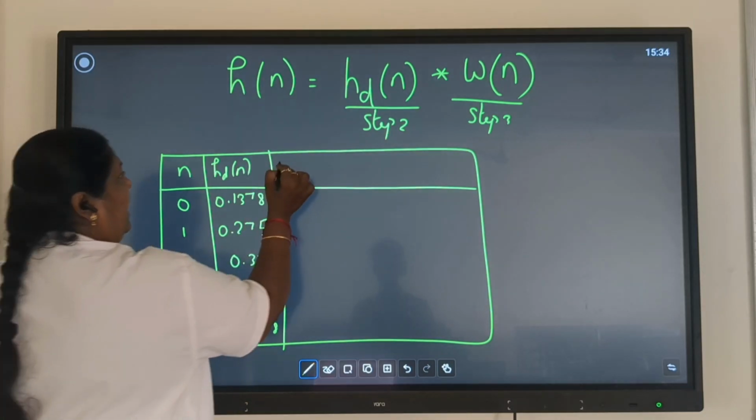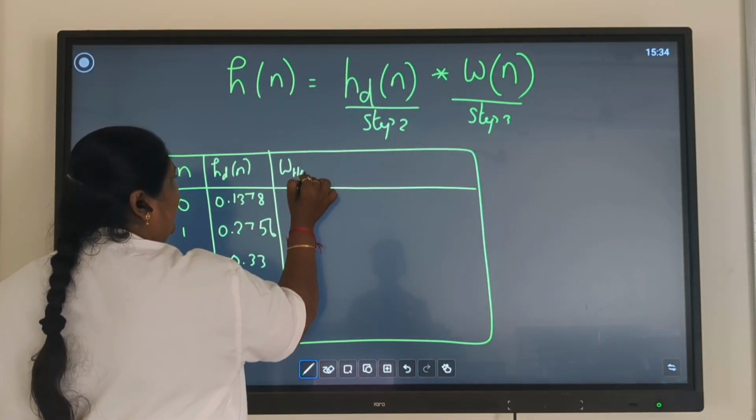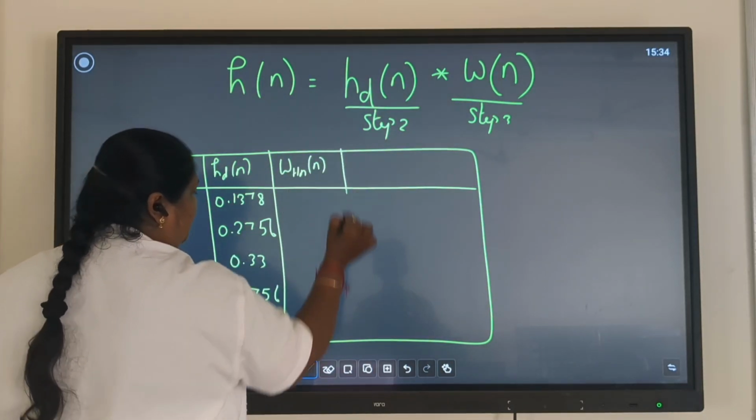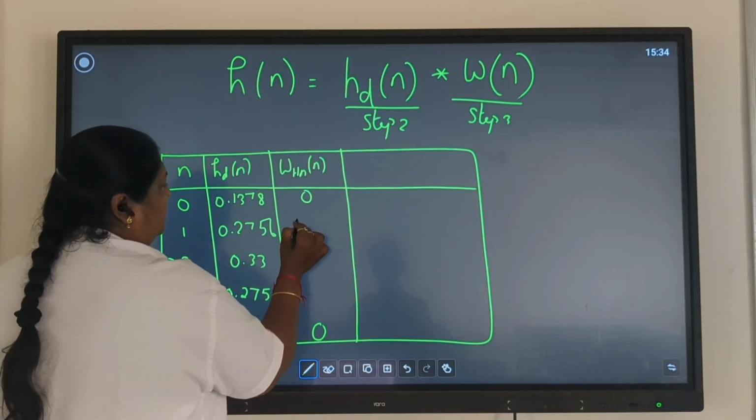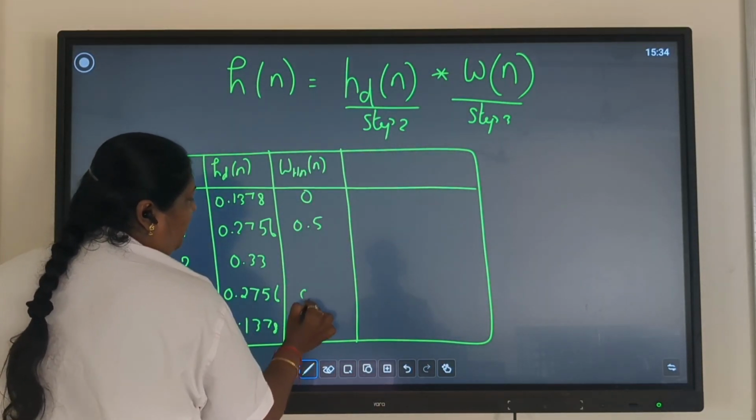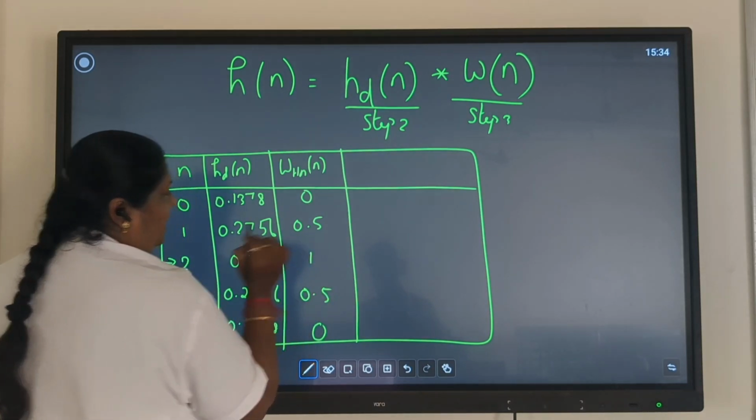In step 3, I have got the window function using the Hanning window. What is the value? So this is 0, 0, this is 0.5, this is 0.5, and this is 1.